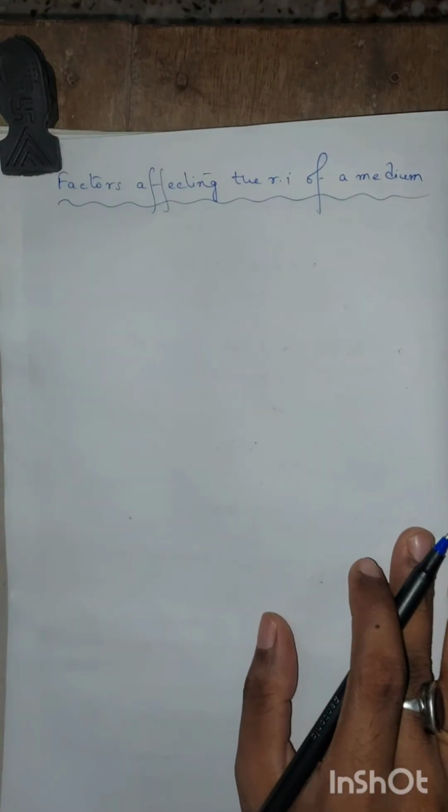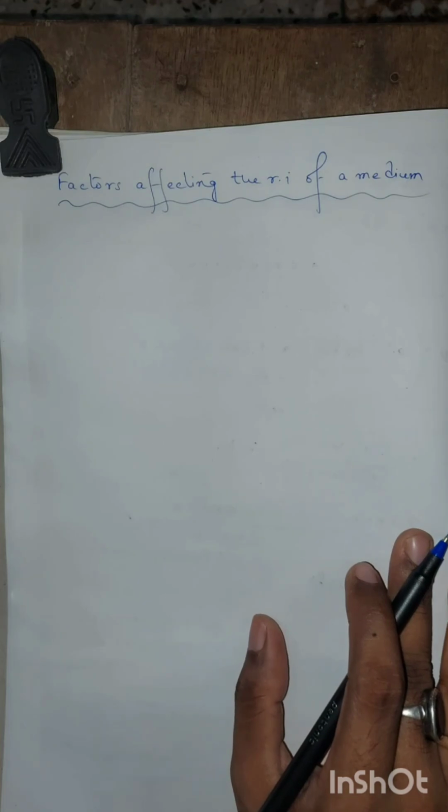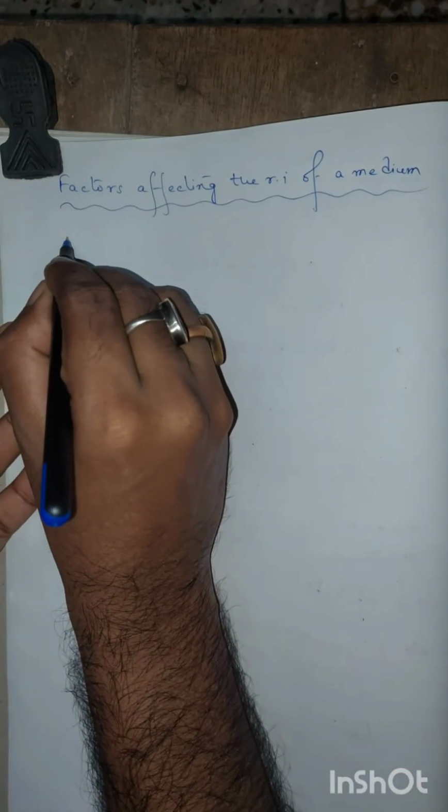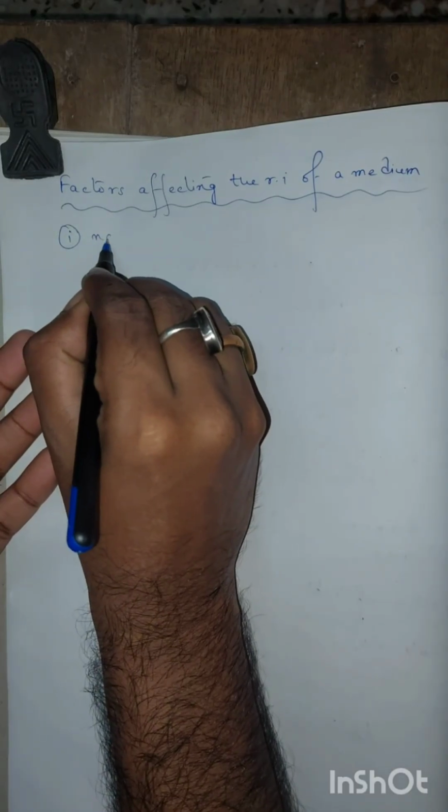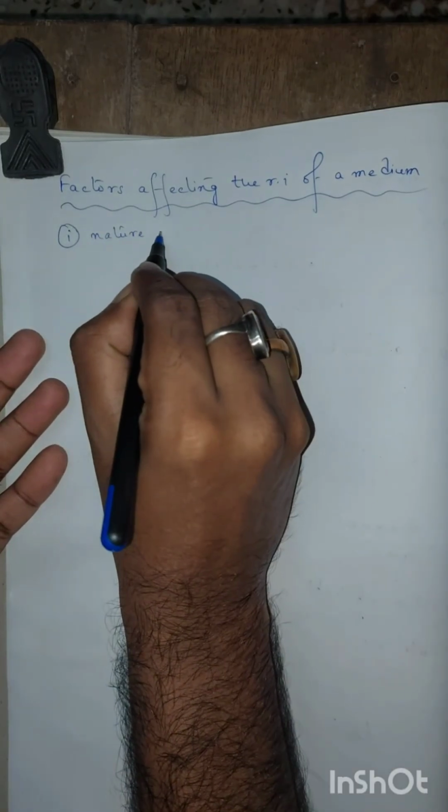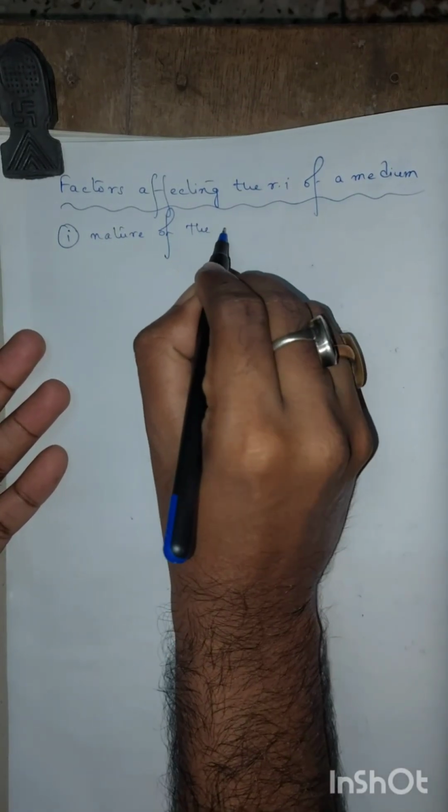Now let us discuss the factors affecting the refractive index of a medium. Number 1, nature of the medium.